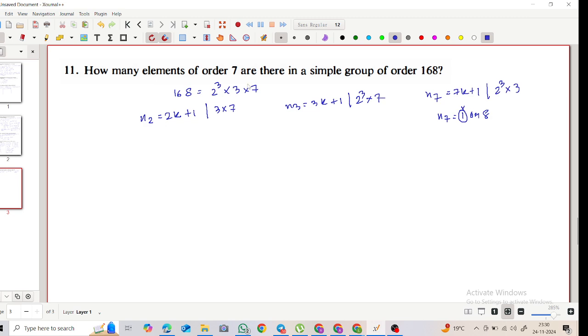Because then the Sylow 7 subgroup becomes unique, hence normal.